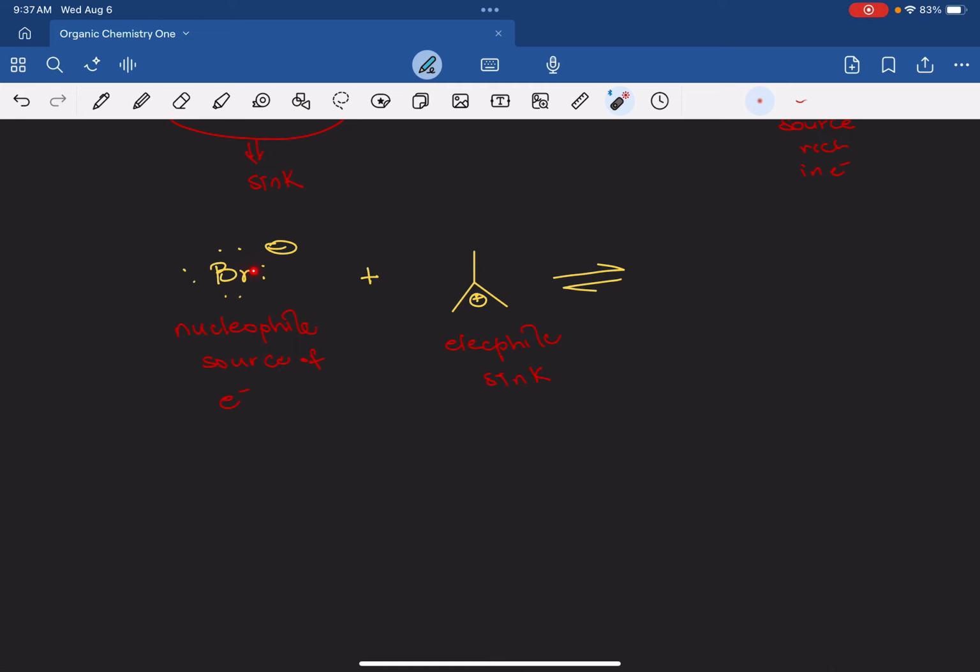In this case, it's a lone pair. So let us draw our arrow. The tail will originate from the lone pair. You can't just draw it in mid-air. From the lone pair, the source, it goes to the sink. The sink is the carbon with the positive charge, so the head of the arrow ends right here.